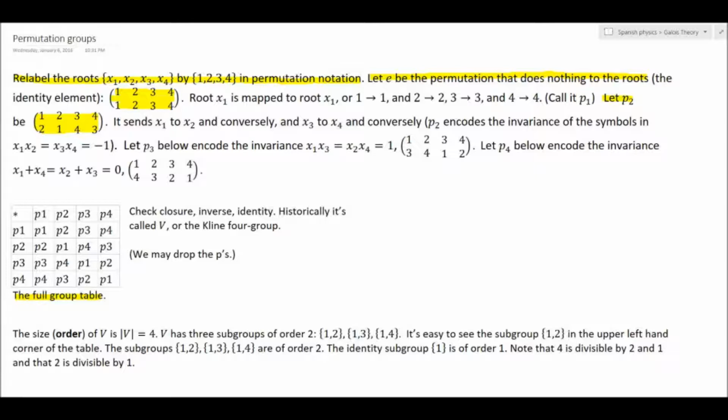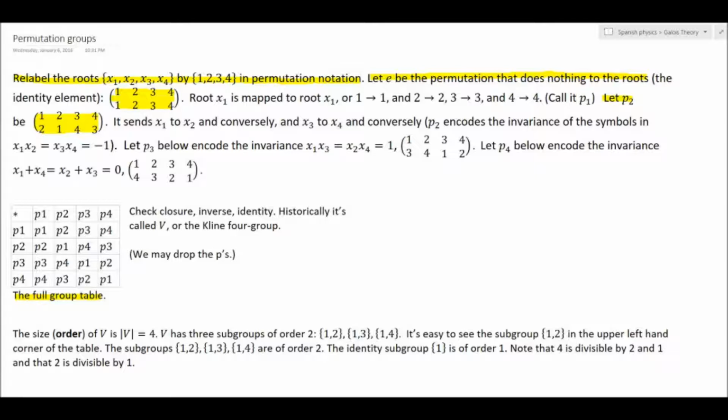Now I'm going to define the permutation P sub 2 with the second yellow blob, with the 1, 2, 3, 4 on top, and the mappings below. So 1 goes to 2 below, 2 above goes to 1 below, 3 above goes to 4 below, and 4 above goes to 3 below. This captures that observation that x1 times x2 is the same as x3 times x4, both being equal to negative 1.